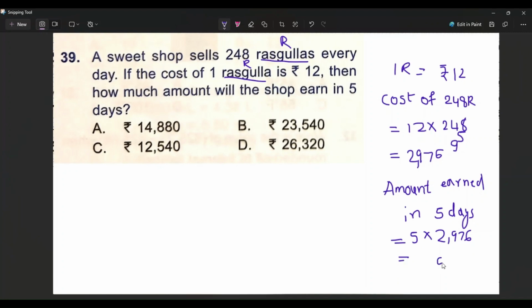So 5 6s are 30. 5 7s are 35. 35 plus 3, 38. 5 9s are 45. 45 plus 3, 48. 5 2s are 10. 10 plus 4, 14. So 14,880 is the answer. Option A, rupees 14,880 is the answer, children.